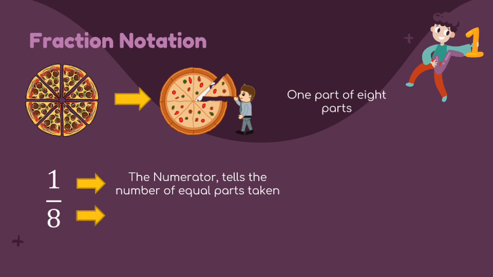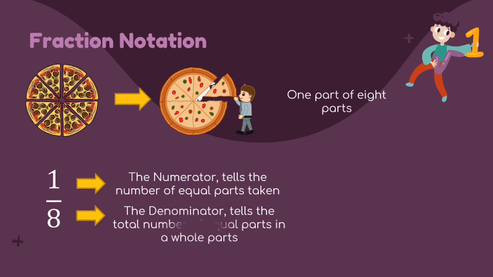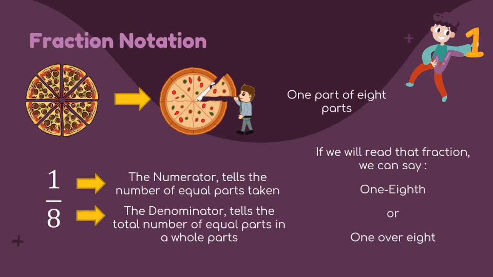And 8 is the denominator. The denominator tells about the total number of equal parts in a whole, or the whole that you cut. So, we read that fraction as 1/8.